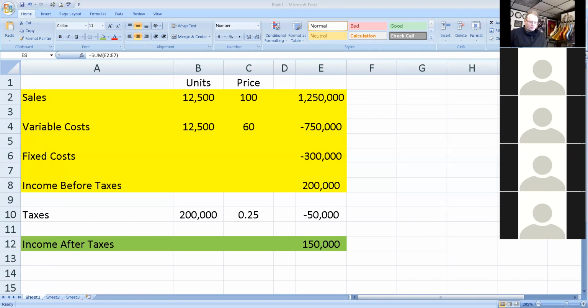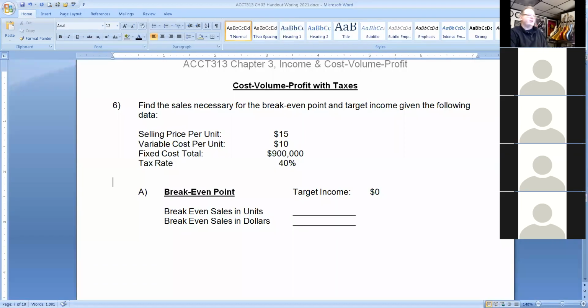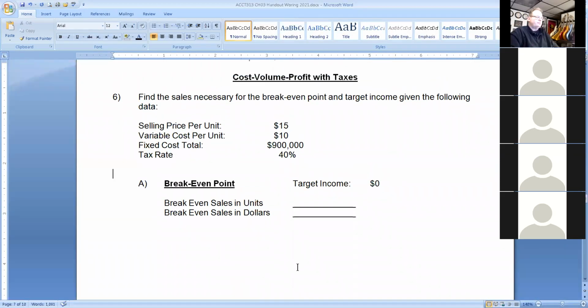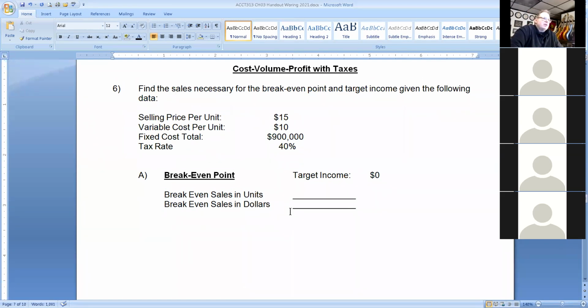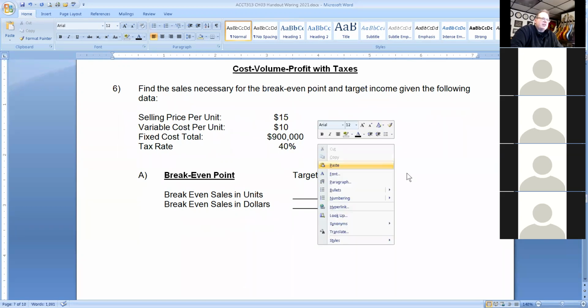Same thing here. Let's go to page 6. And you can't see what I see. Now you can. Okay. So same thing here. And again, break even is not going to change. There's nothing wrong with that.